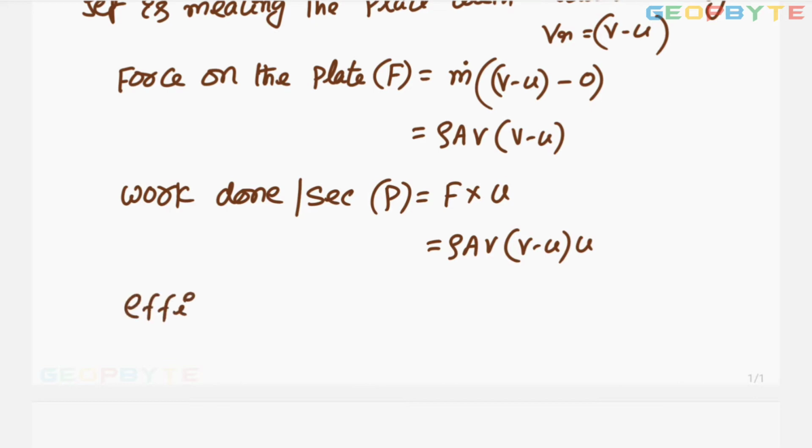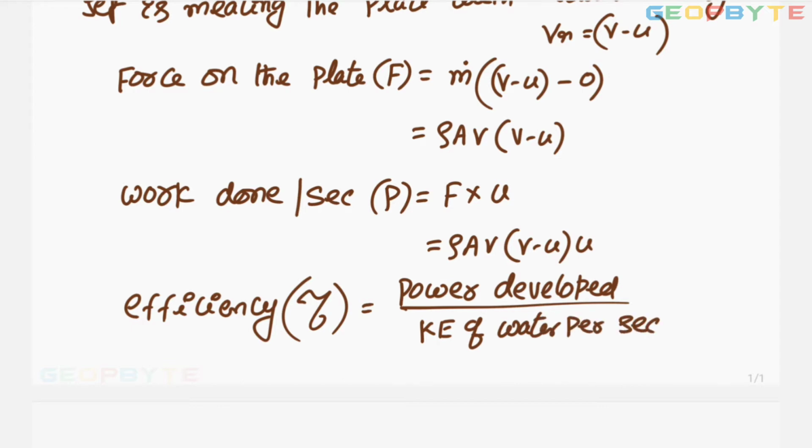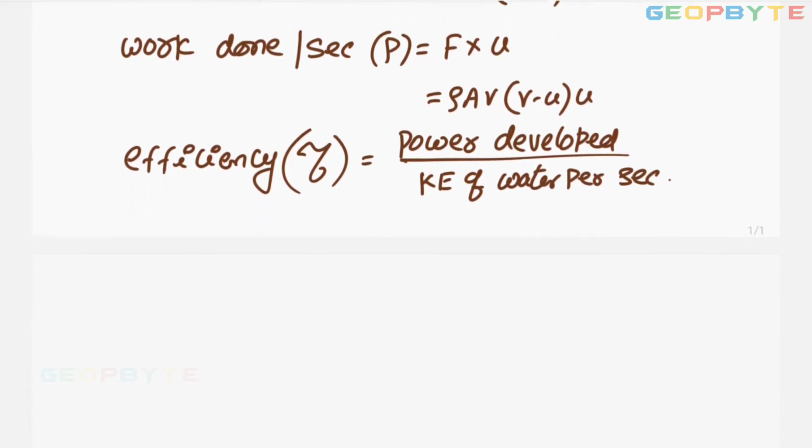Efficiency eta equals power developed by the plate divided by kinetic energy of the water per second. Kinetic energy of the water per second.